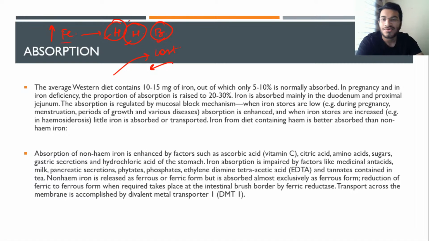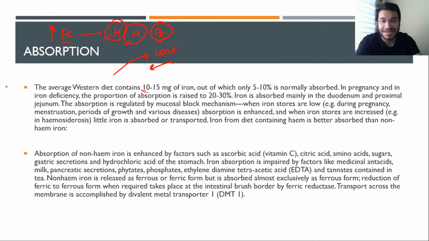We will not go deep into these three terms, but I hope you know this, right? So 10% of 10 mg is 1 mg only. If 1 mg is lost, then 1 mg is only absorbed. The rest 90% is lost in the feces, and in pregnancy and in iron deficiency states, this absorption is raised to 20 to 30%.